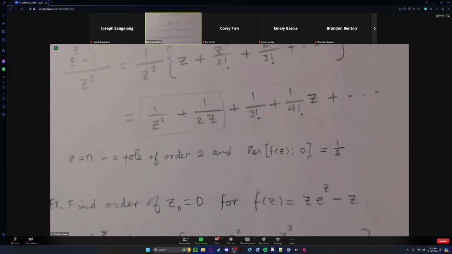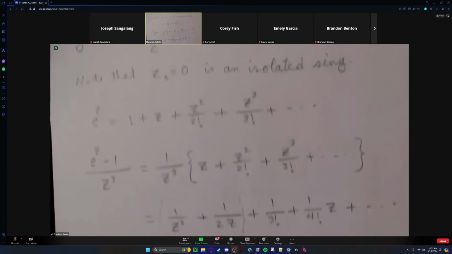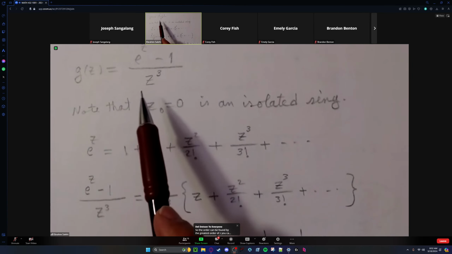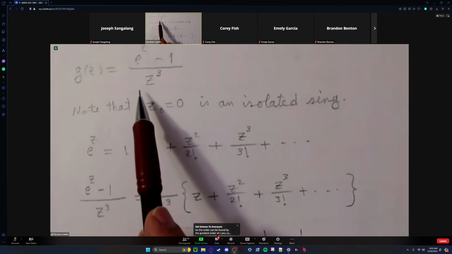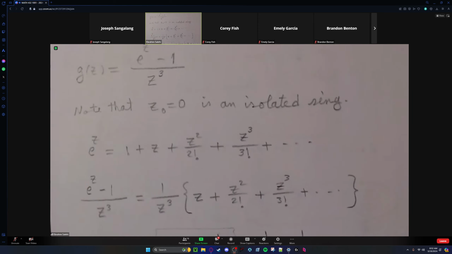Well, here is another example, just to make sure that we understand what's going on. Look at this function. This has a singularity. Usually singularities are the zeros of denominators.